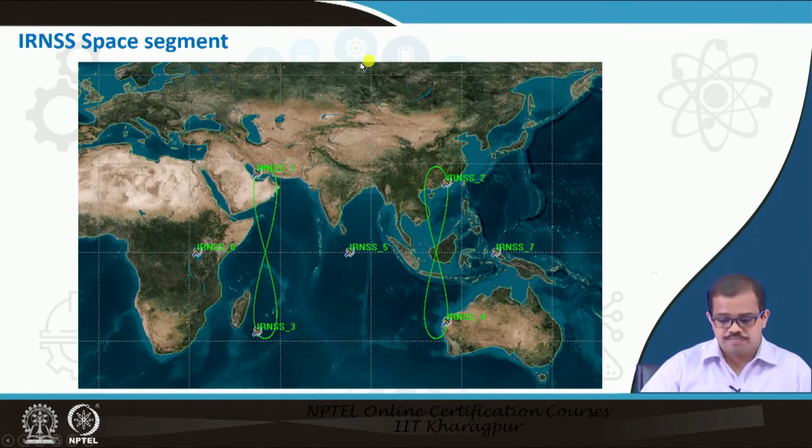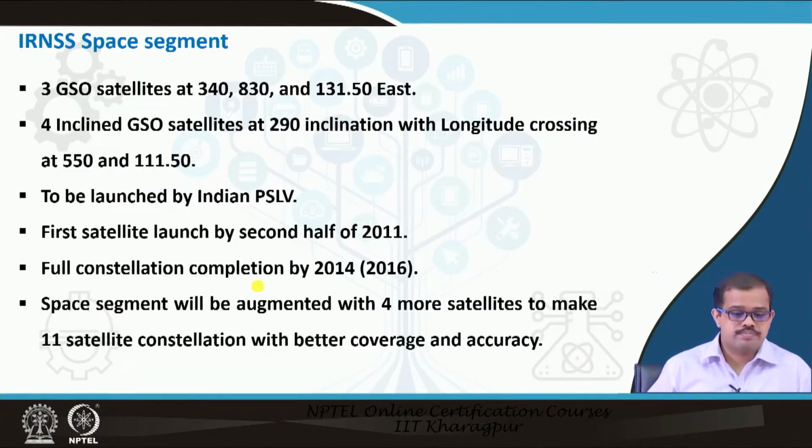So over this region you have the entire capability of acquiring the signals, and in this region you have another acquisition of the signals. So this is about the space segment, and 2 space vehicles and 1 spare vehicle have been used in terms of acquiring or sending out the signals.